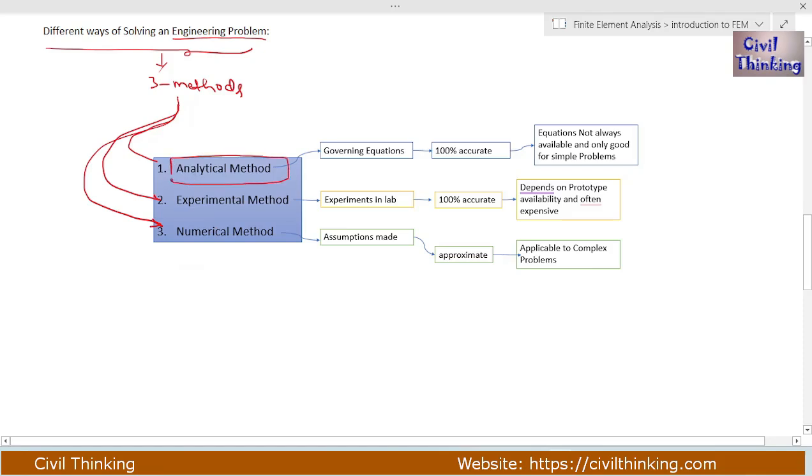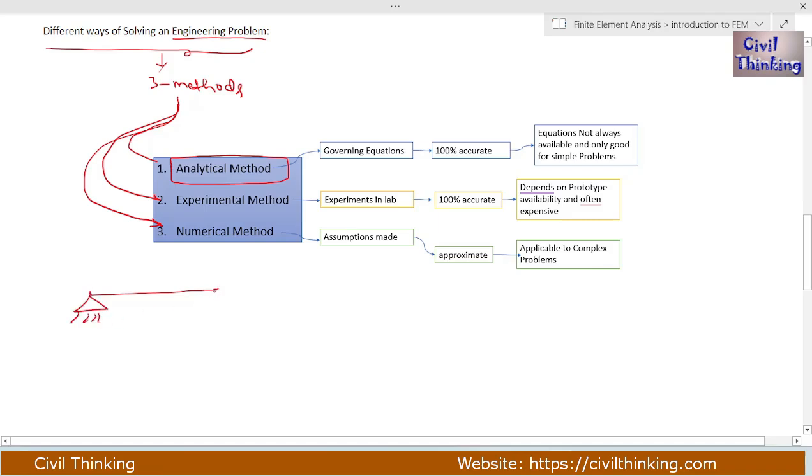In the analytical method, we use equations. We have governing equations. For example, let me take a simply supported beam.